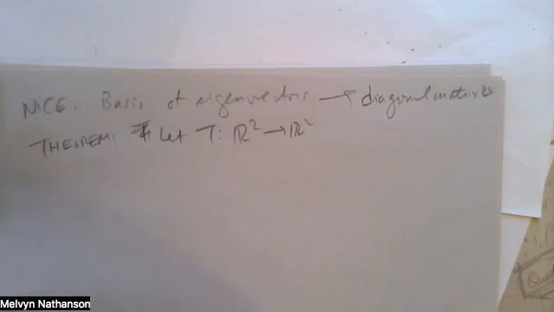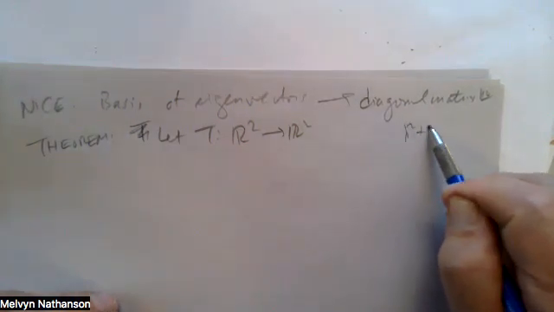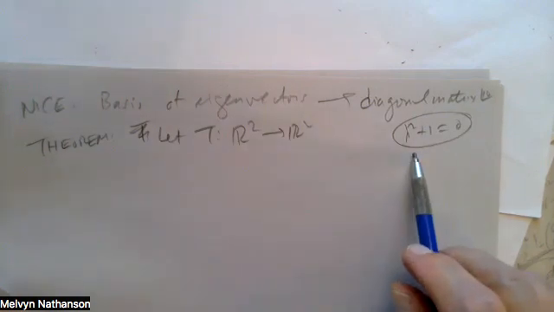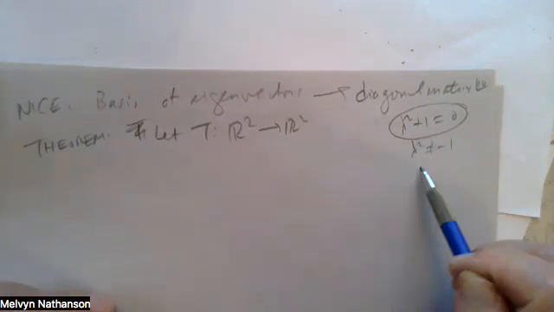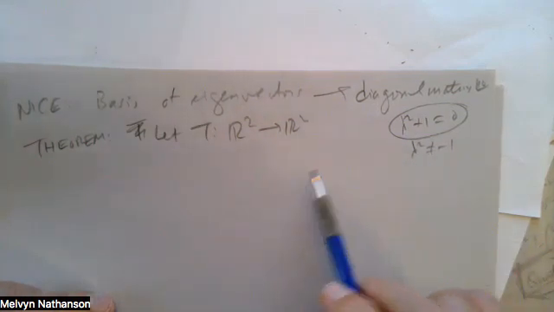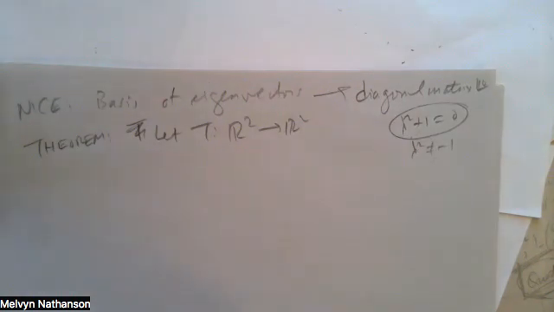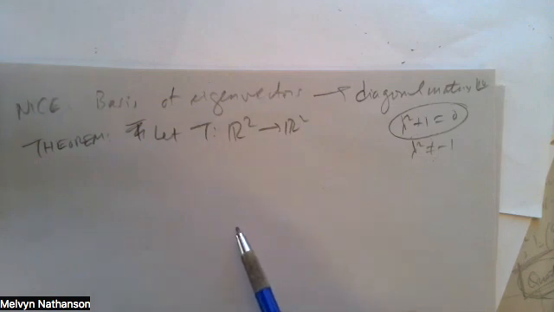And some quadratic equations don't have solutions. If you have lambda squared plus 1 equals 0, and you're only working in the real numbers, this isn't possible. The square of a number is never equal to -1. So some quadratic equations over the real numbers don't have solutions, and so some linear operators don't have two eigenvectors, two eigenvalues.